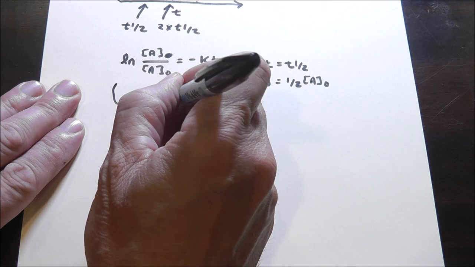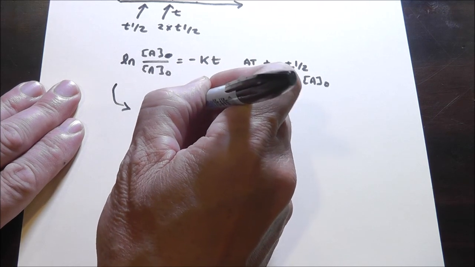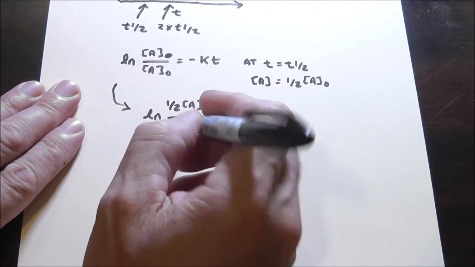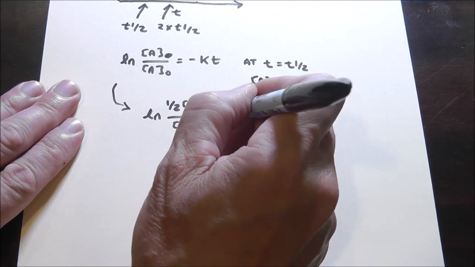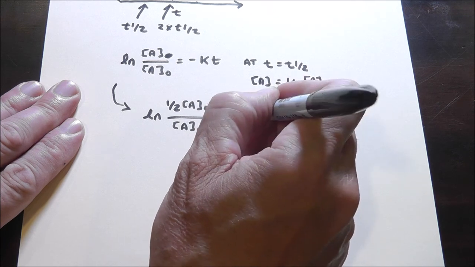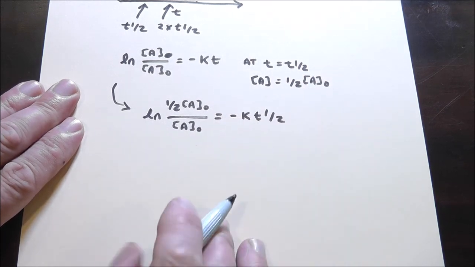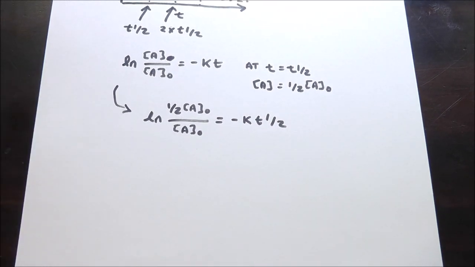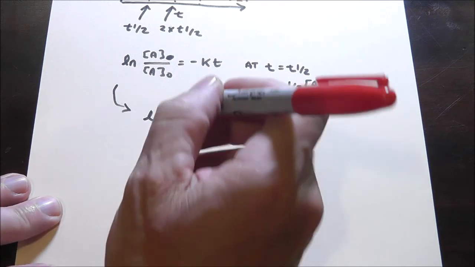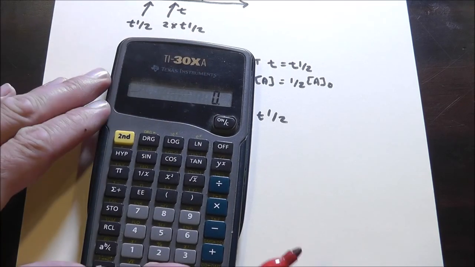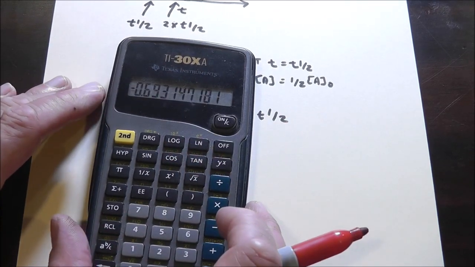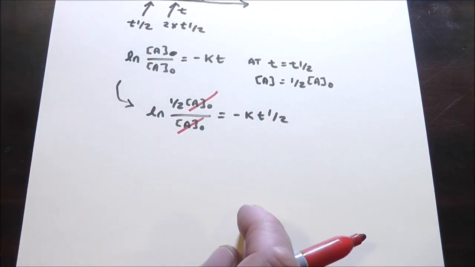This is natural log of 1/2 concentration of A initial divided by concentration of A initial equals minus k times T1/2. Look what happens. The concentration of A initials cancel, and it just ends up being natural log of 1/2. And if you plug into your calculator 0.5 and hit the natural log button, you get minus 0.693.